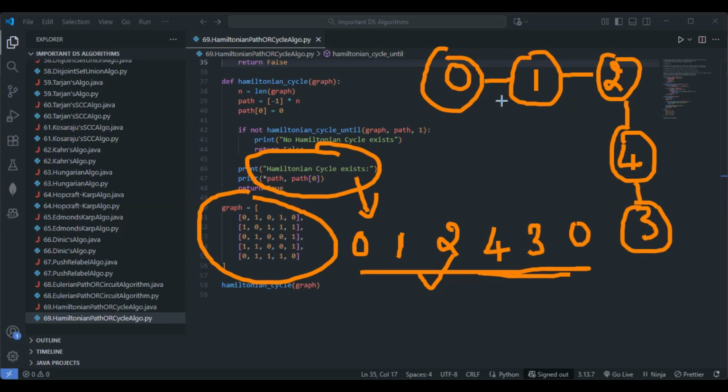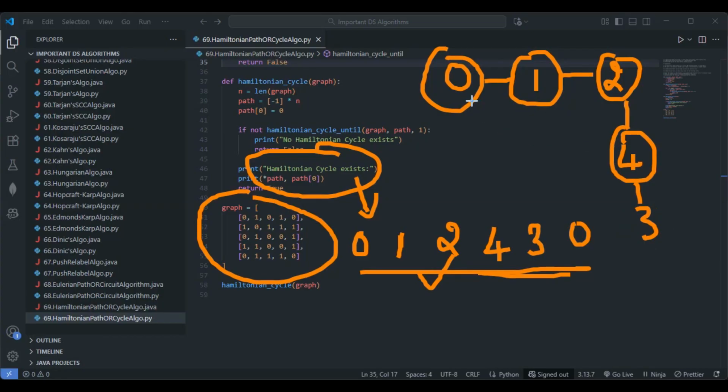So basically this forms the cycle. We are starting at the vertex 0, visiting from 1 to 2 to 4 to 3. And then we return to 0, completing the cycle.